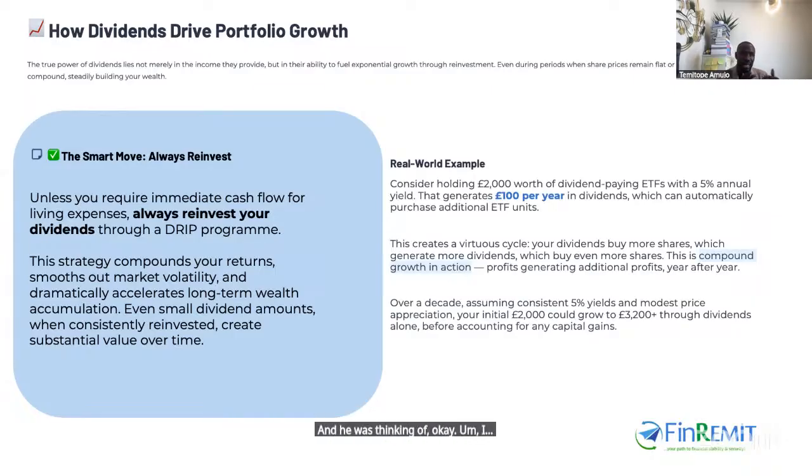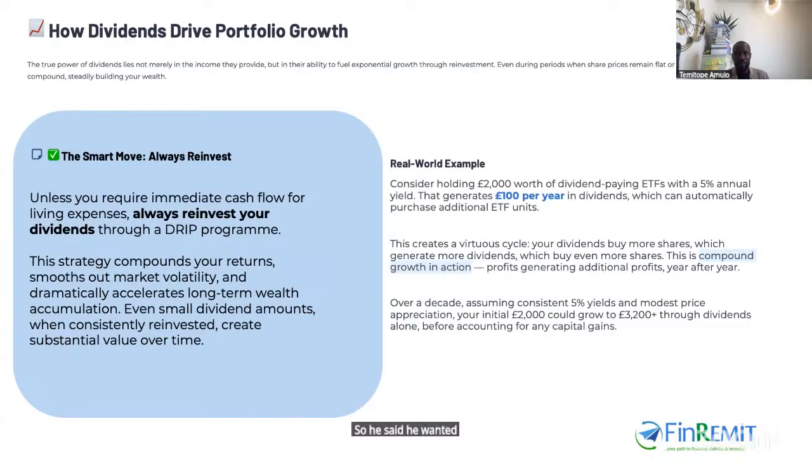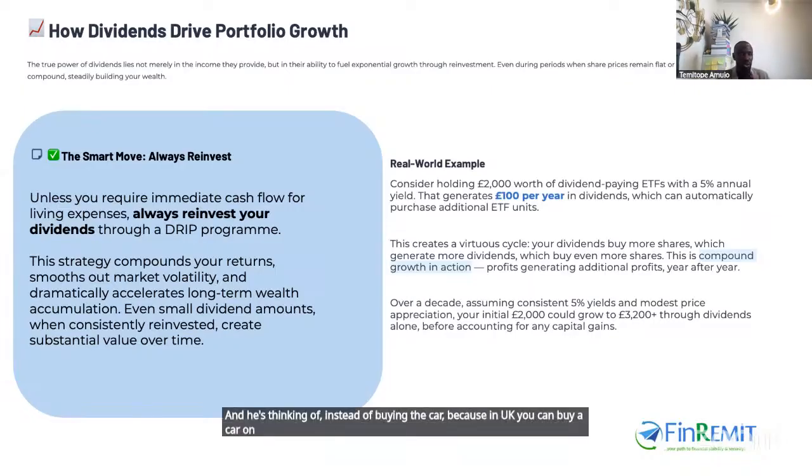I initially wanted to buy a car. I think I did a video on that, but I've not uploaded the video. I think I uploaded some of it partly, but the full video is going to go onto our YouTube soon. So he said he wanted to buy a car, and he's thinking of, instead of buying the car, because in the UK you can buy a car on credit, and even in some developed countries on either lease agreement or hire purchase, and you pay back every month.